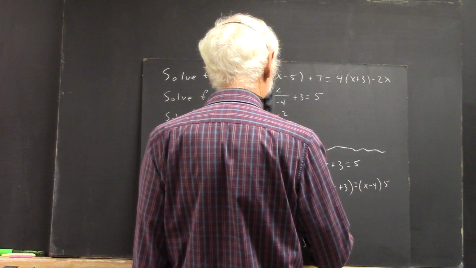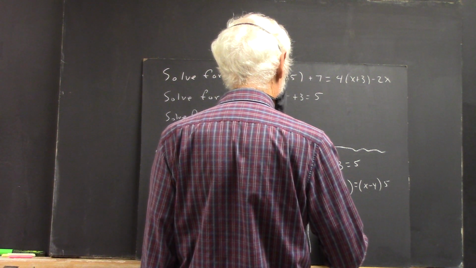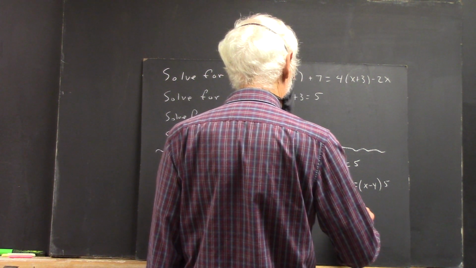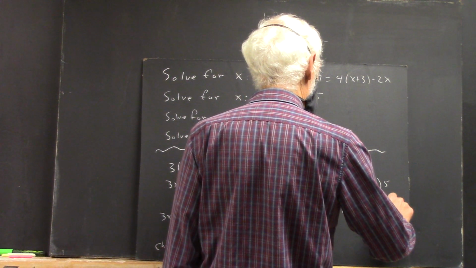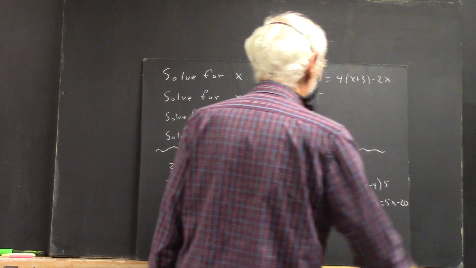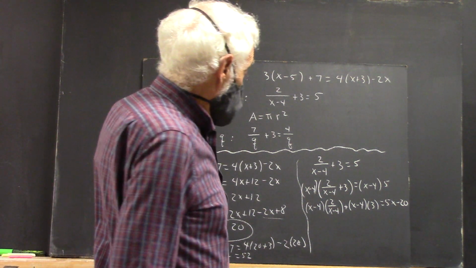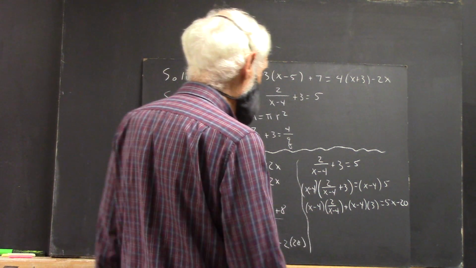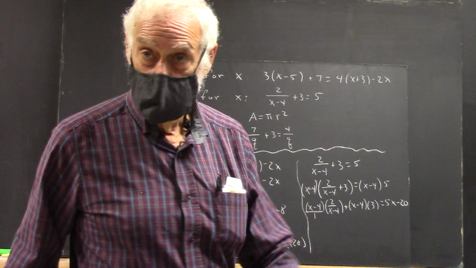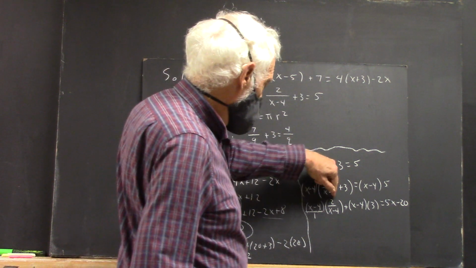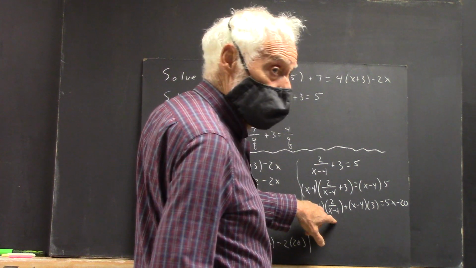So you get this. This is going to give you 5x minus 20. Everybody knows that. Here, this is like x minus 4 over 1. X minus 4 is the same as x minus 4 over 1. So you see, you multiply this out, you're going to get 2 times x minus 4 over x minus 4.